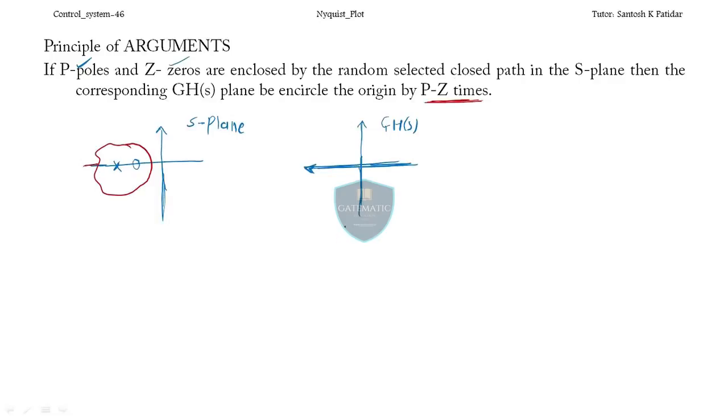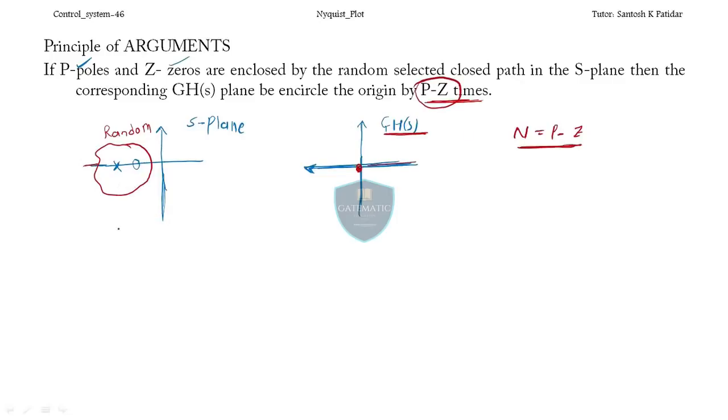What it means is, if you map this randomly selected path into the GH plane, whether it will encircle the origin or not is given by P minus Z. N equal to P minus Z, where N is the number of encirclements.